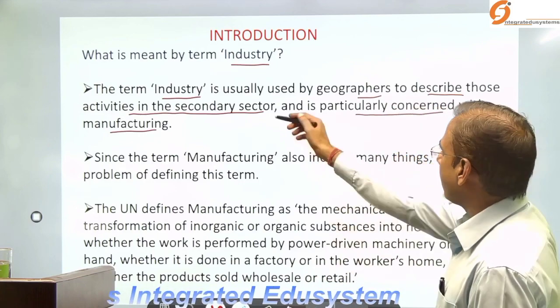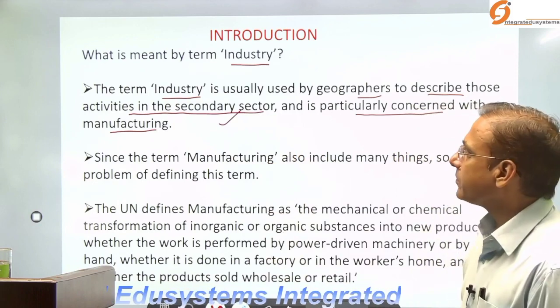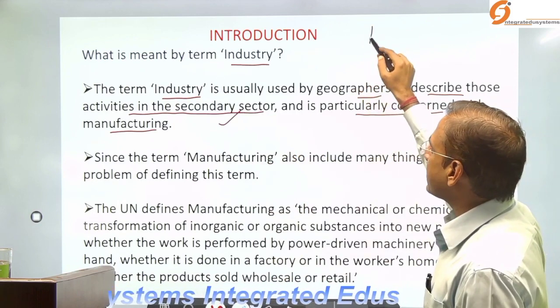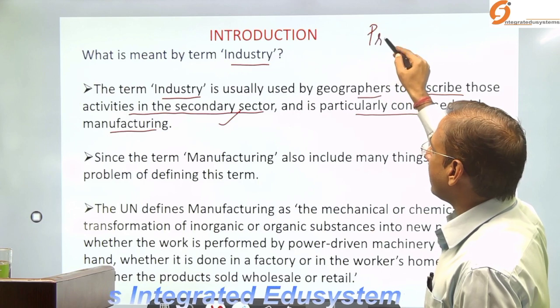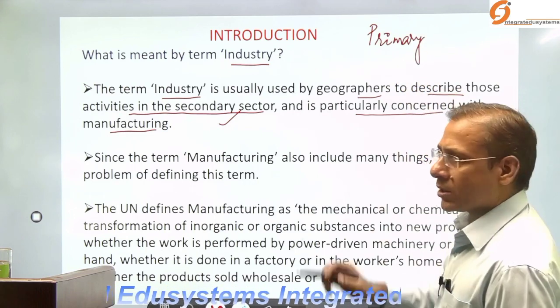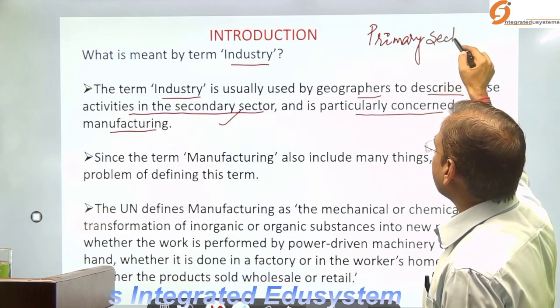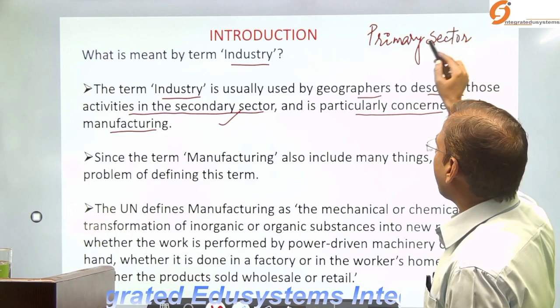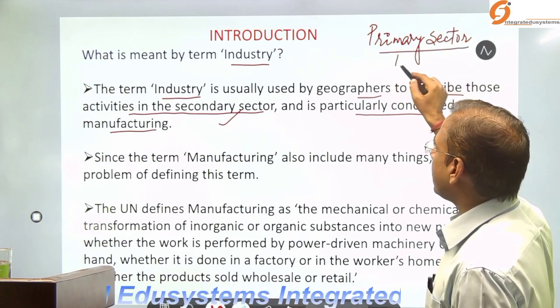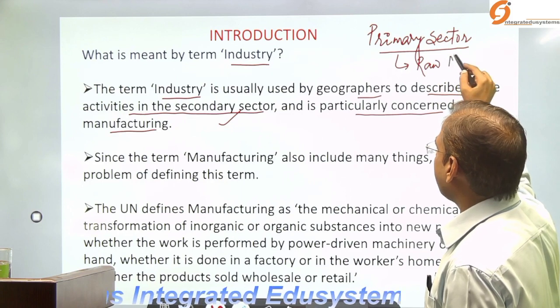Industries describe the activities in the secondary sector, and already I had discussed with you that when you start learning the sectors in economy, there is a primary sector, and the primary sector provides the raw materials.